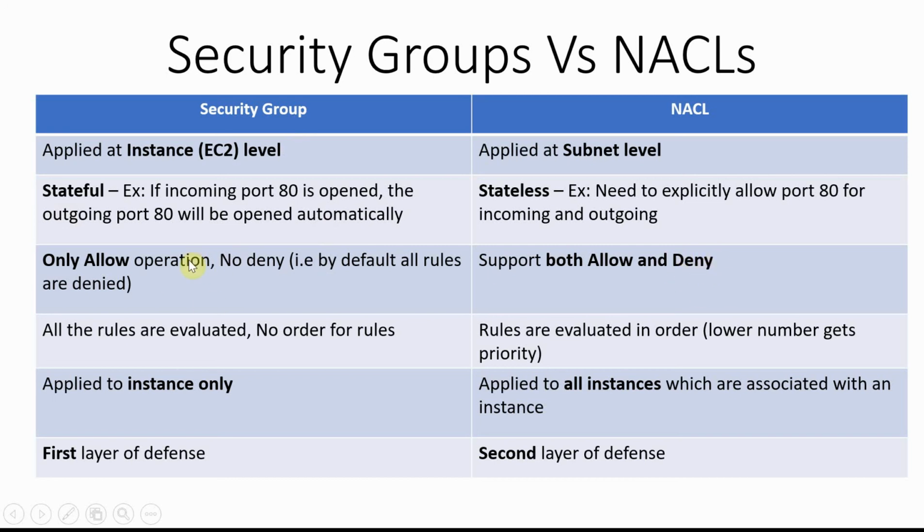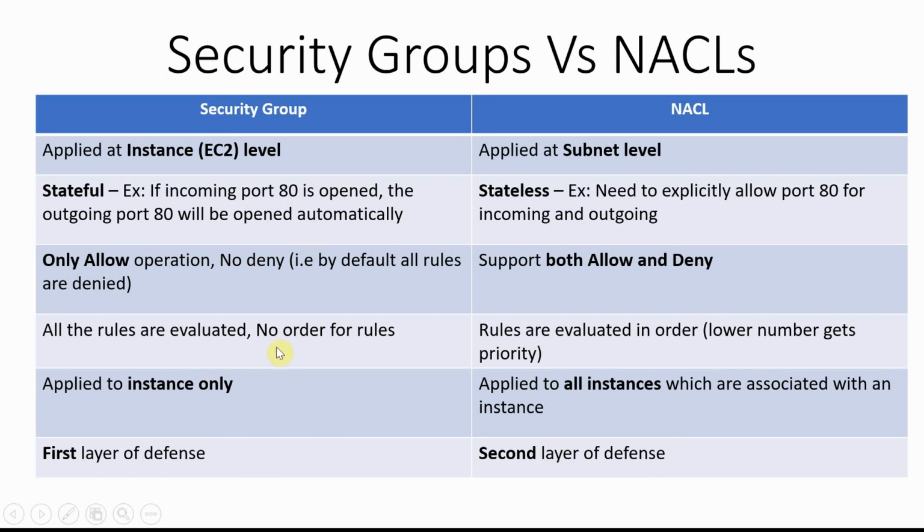Here, by default all traffic is denied unless allowed. If you have a custom requirement to deny one particular IP alone, you can't do that in a security group, so you have to do it at the NACL level.